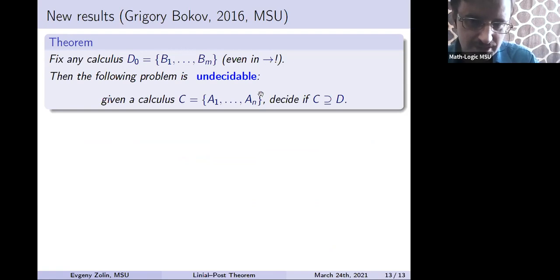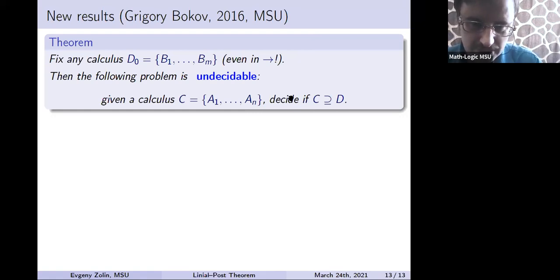Then it is undecidable: if we have some formulas A1, ..., AN, we need to check whether we can prove these formulas. This problem is undecidable. So the theorems of this calculus contain the theorems of the calculus D. So the Linial and Post theorem is not specific to the classical propositional logic. It holds for any logic at all.